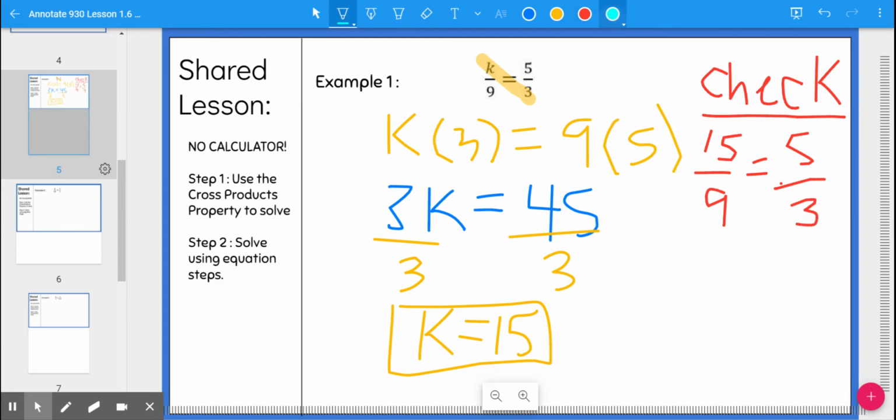And you can go ahead and cross multiply again, and you would be left with 15 times 3, which is 45. And 9 times 5 is also equal to 45. So that is how you could check your answer for all of these problems that we are doing today.